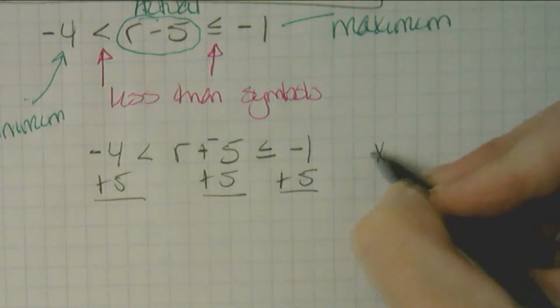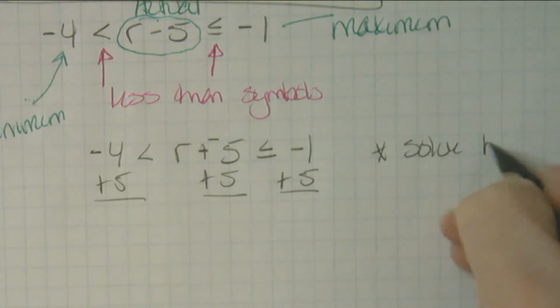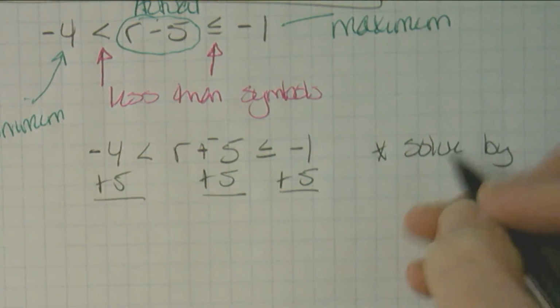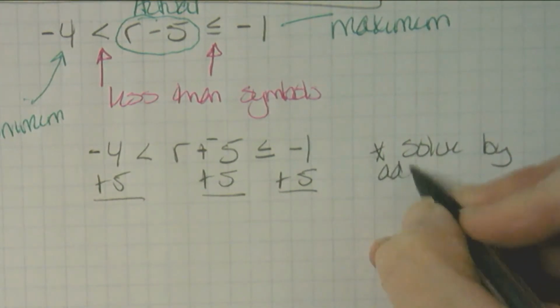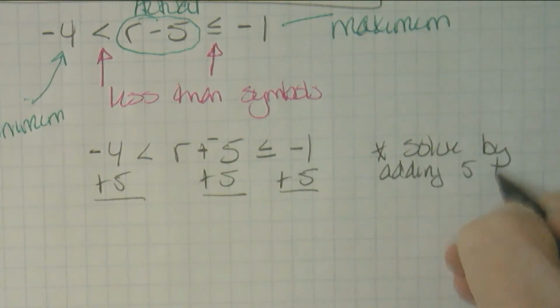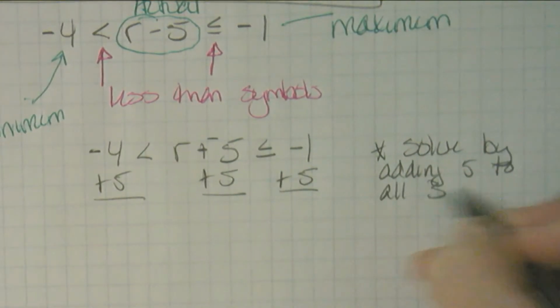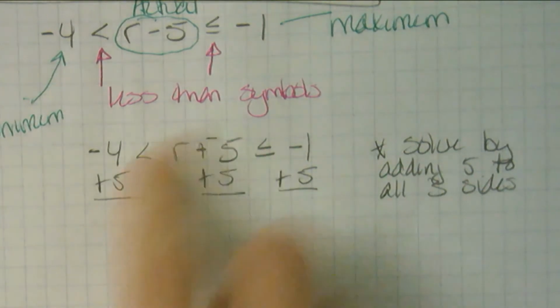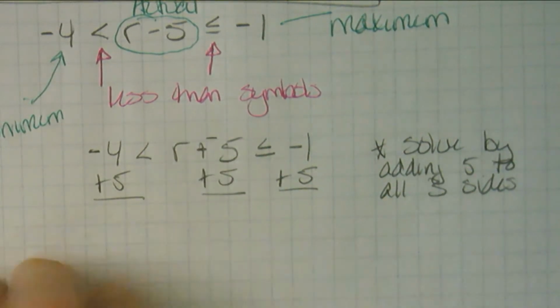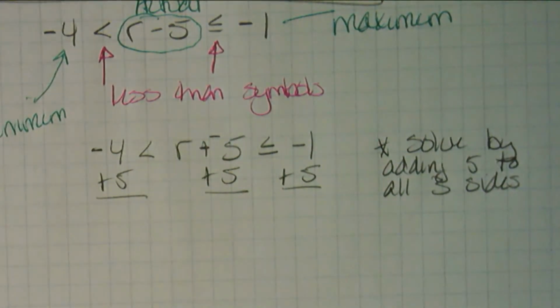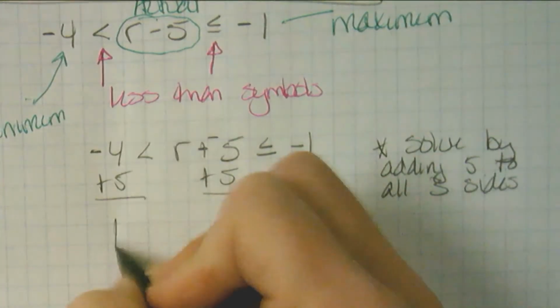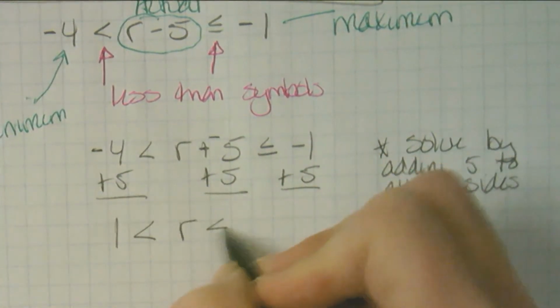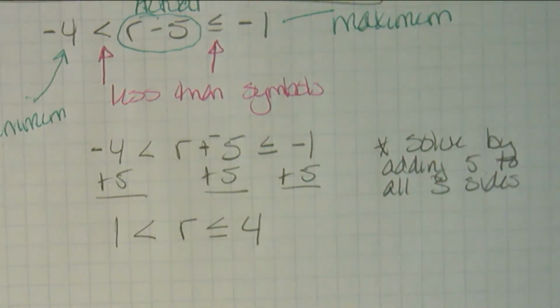So what we're going to do is solve by adding 5 to all three sides. Whatever you do to get rid of that, to start solving that middle part, you're doing to everything, all three sides. So I end up with 1 is less than r, which is less than or equal to 4.